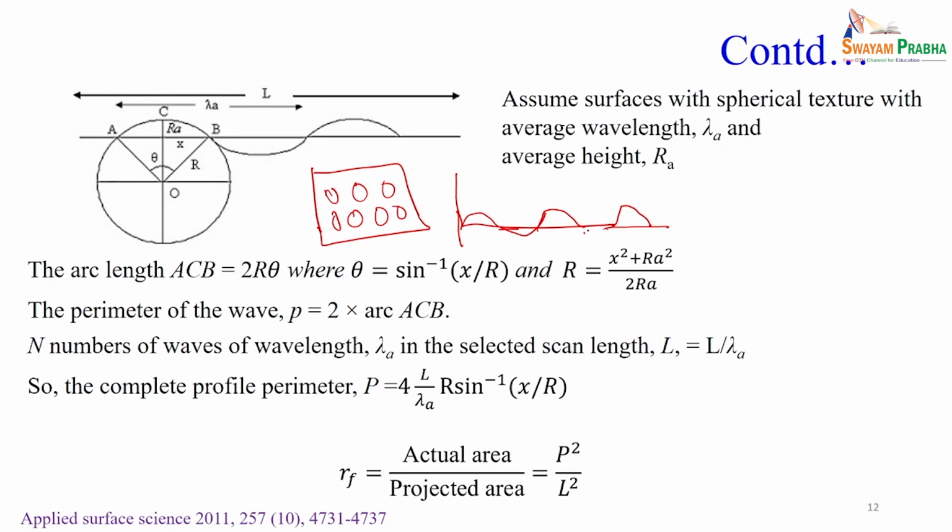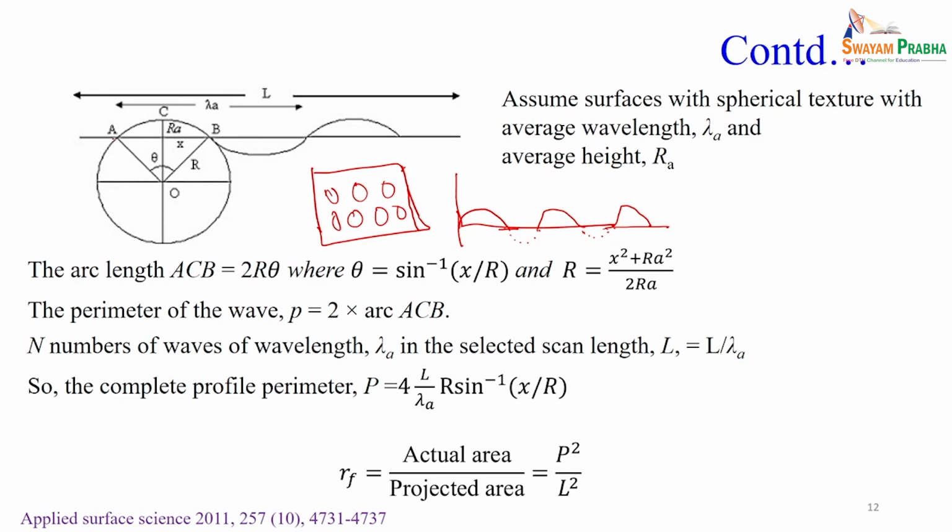Now we can try to complete this. This is a 2D profile. We can make a wave pattern like this. So, from this surface topography or surface morphology, we should be able to draw a wave pattern.